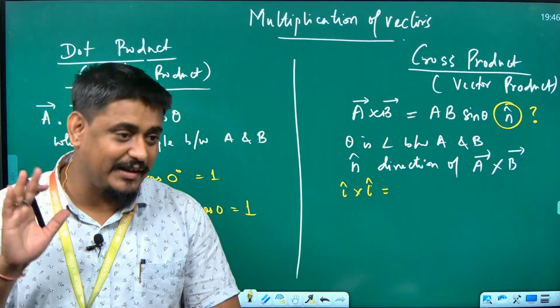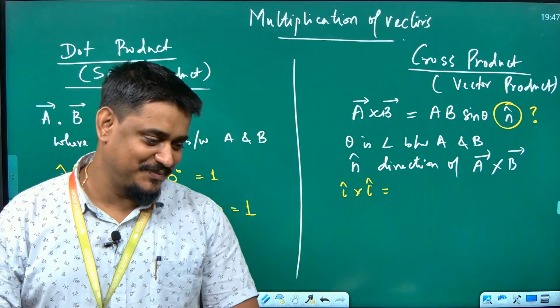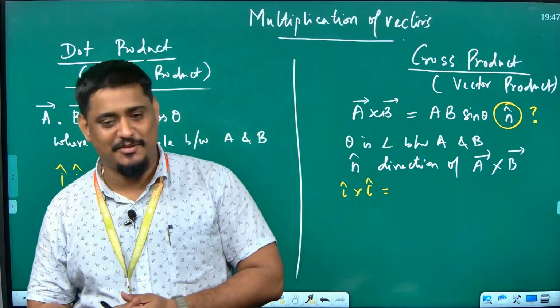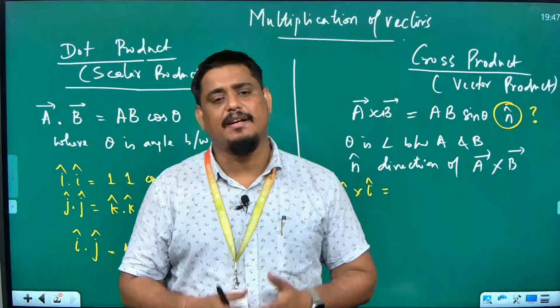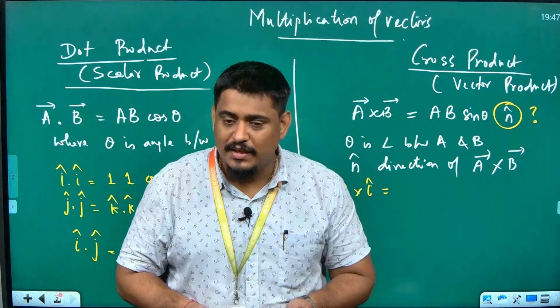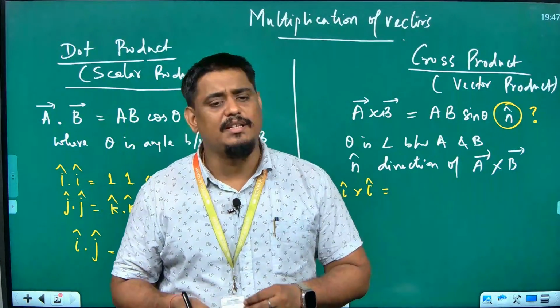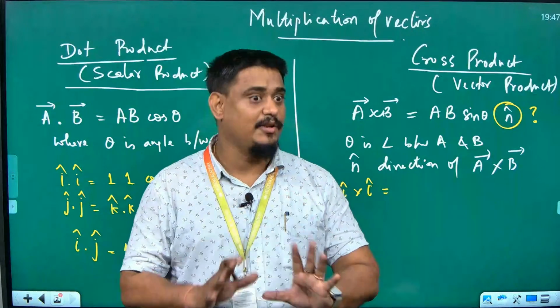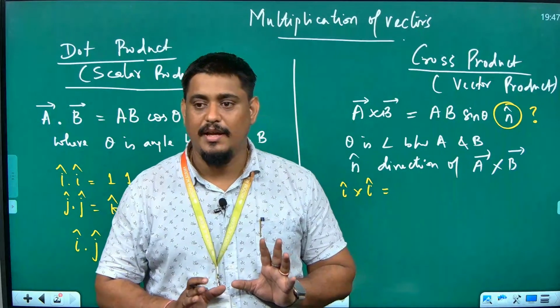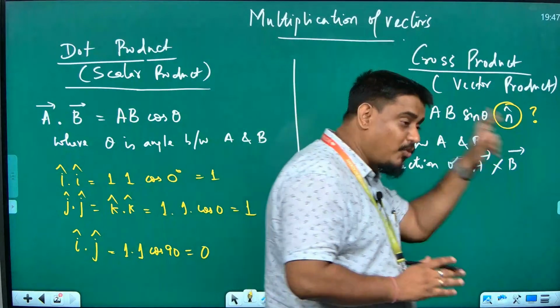You will forget n cap. Many will think A vector cross B vector is AB sin theta, but it is definitely wrong. AB sin theta n cap is the most important part of this.